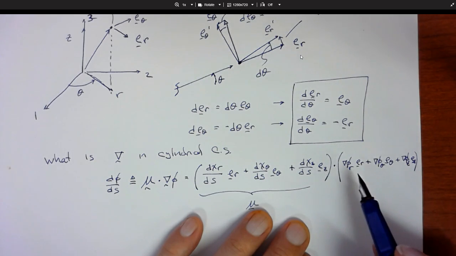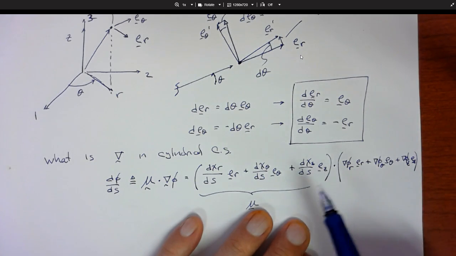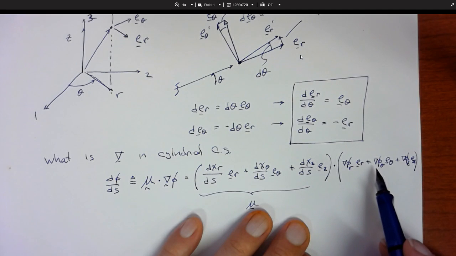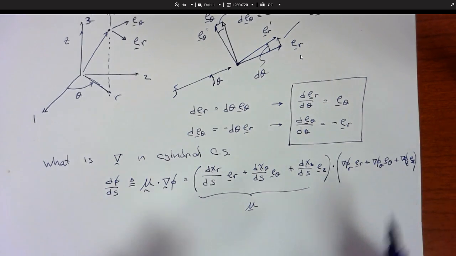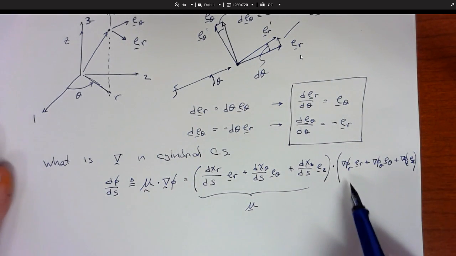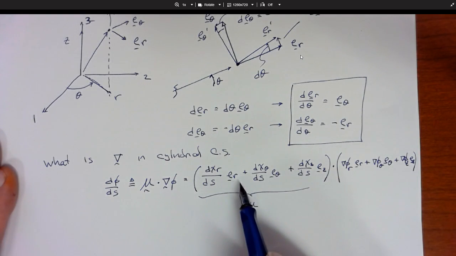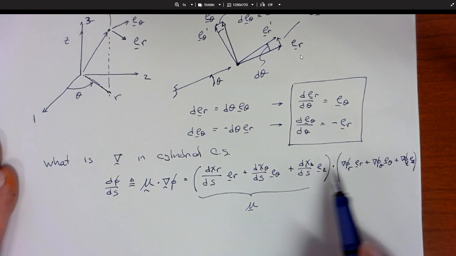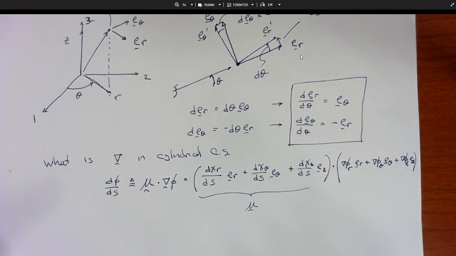Again, if we're using this as the definition and we want to find the form of grad phi, this is the radial component, the theta component, and the z component. Now when we do the dot product, you can see I got ERs dotted with ERs, ER dotted with E theta gives 0, ER dotted with EZ gives 0. They're mutually perpendicular.